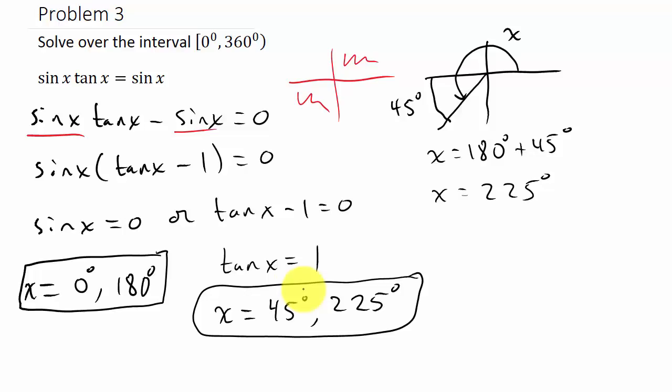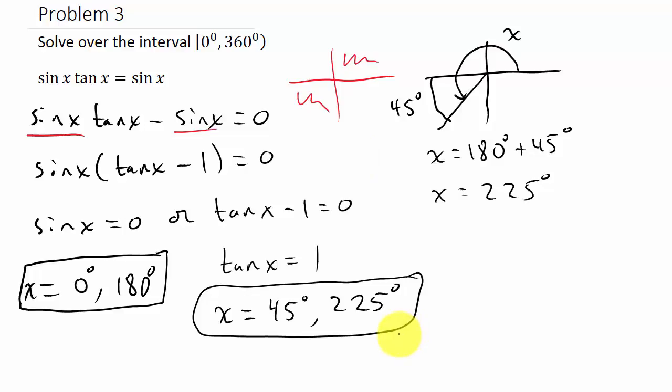Now, I know some of you may be saying, well, you don't have to use the reference angle there because that's one of the ones we memorize on the unit circle. I don't think it's that good of an idea to memorize the unit circle because your teacher can easily give you a problem where the angle is not going to be on the unit circle.